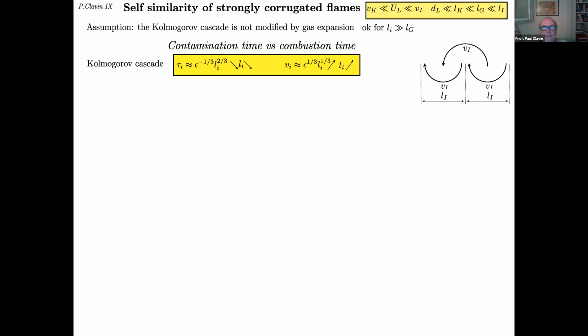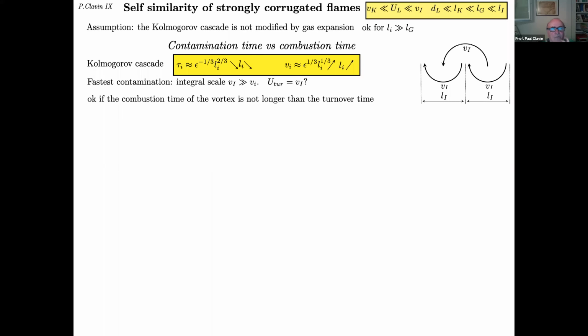This tells you something: the contamination time from one vortex to the other is simply twice the turnover time. Okay. Now, the contamination time, the relation is given here.